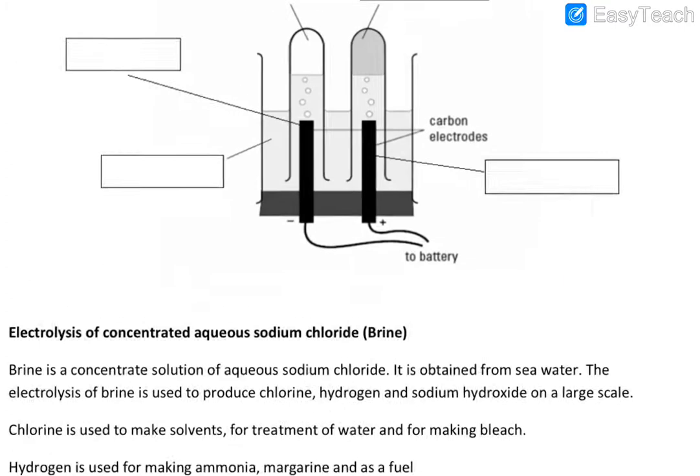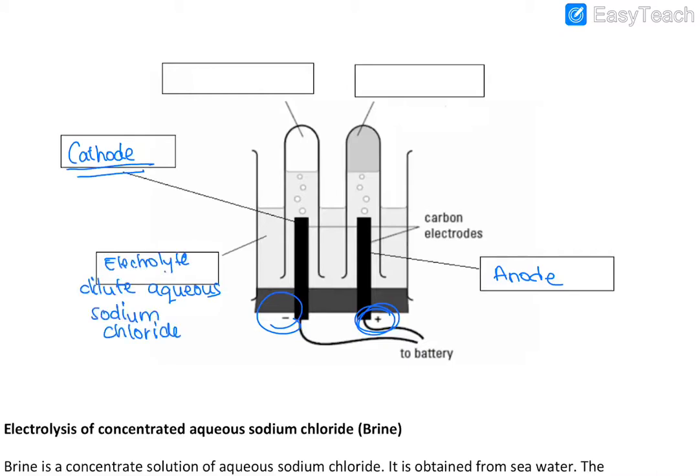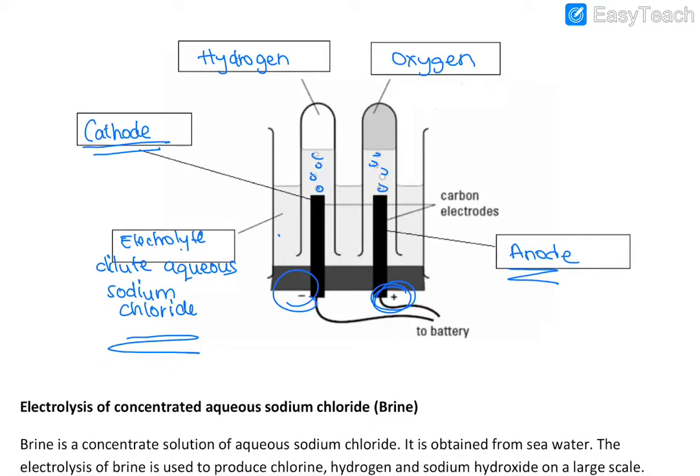So if you label this, the positive electrode is going to be the anode. The negative electrode would be the cathode because it needs to attract positive ions. You have the electrolyte, which is dilute aqueous sodium chloride. At the cathode, you have hydrogen gas, and at the anode, with the discharge of OH-, you have oxygen gas. As you can see, you have bubbles of gas being produced at each electrode.